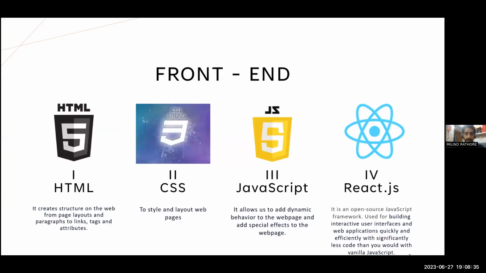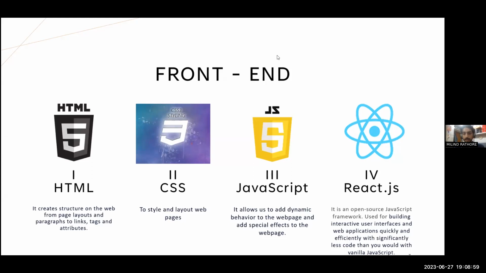In the frontend, HTML is used for creating the structure of the web design, page layouts, tags, and attributes, while CSS is used for designing, styling, and decorating the web pages and helps to achieve responsive web techniques. The third tool is JavaScript.